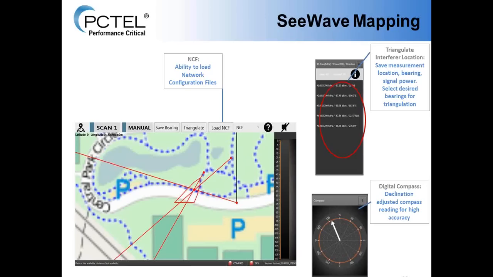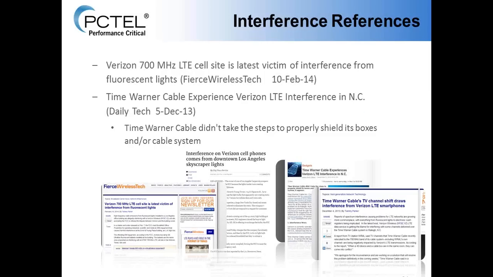So that was an introduction, or a primer, into the Seawave interference hunting system. And as Jim mentioned, there are so many cases which have been recorded for interference like this. A few examples that we have cited here: one was where one of the 700 LTE sites from Verizon was a victim of fluorescent lights, and this actually had the FCC get involved, and they helped Verizon fix this issue.